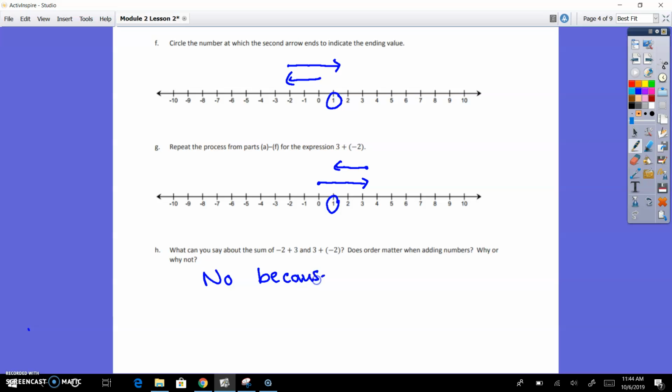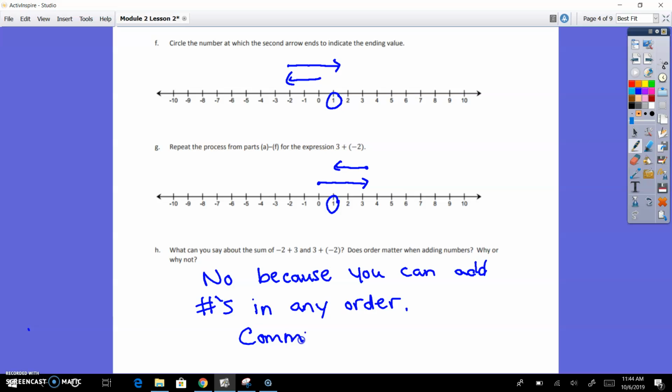Because you can add numbers in any order. This is called the commutative property. Adding numbers in any order is our commutative property. Okay.